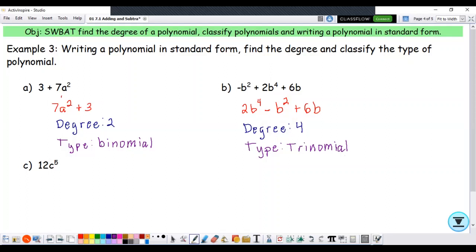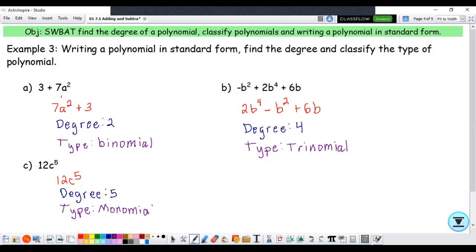And last, standard form, well, it's a monomial, so it's just going to be itself, 12c to the 5th. Its degree, we only have the 1 exponent, so its degree is 5, and it's the 1 term, and the prefix for 1 is mono, so it's a monomial.